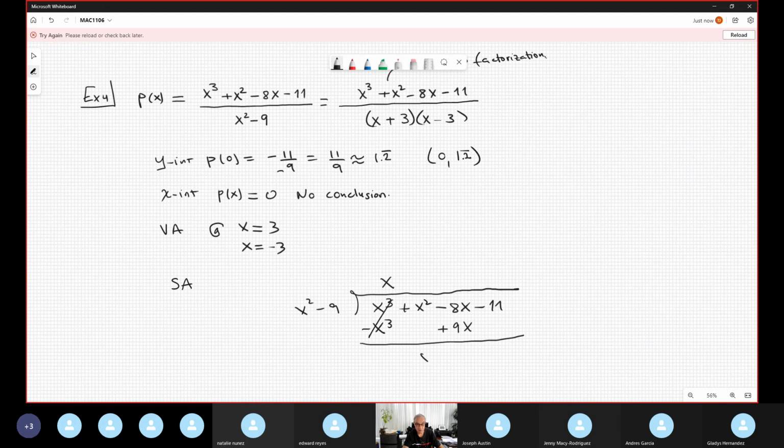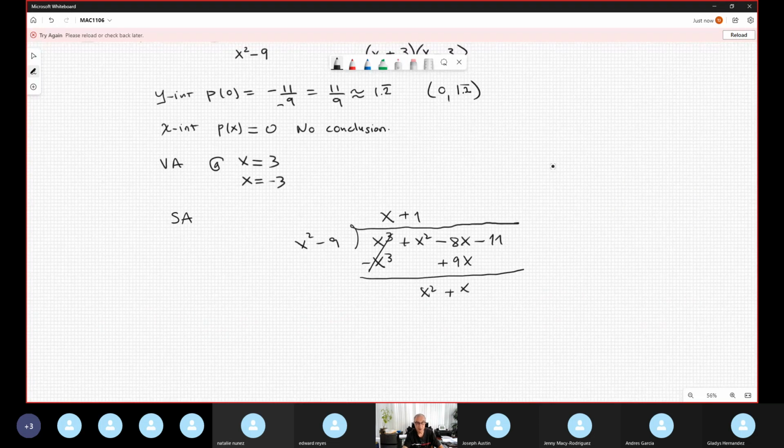This is 0, this is bring down x squared, this is plus x, now plus 1. And when you multiply, it is x squared minus 9, minus 9 is here. By subtracting, change the sign, negative positive.